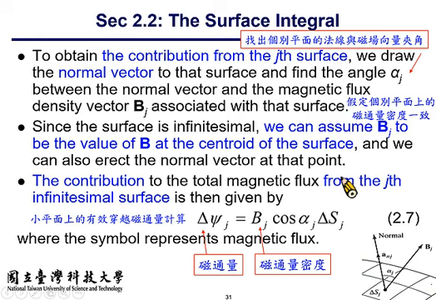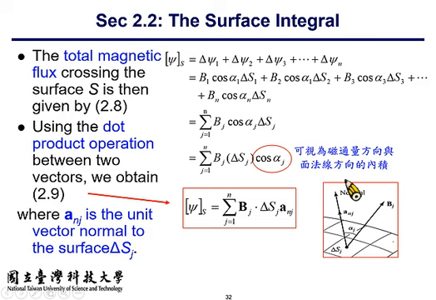Delta S_j is one small facet, one small piece of the surface, and cosine alpha_j is the cosine of the angle between B_j and delta S_j. So the total magnetic flux phi passing through this larger, more complicated surface can be found as the summation of the individually calculated fluxes, like this one.